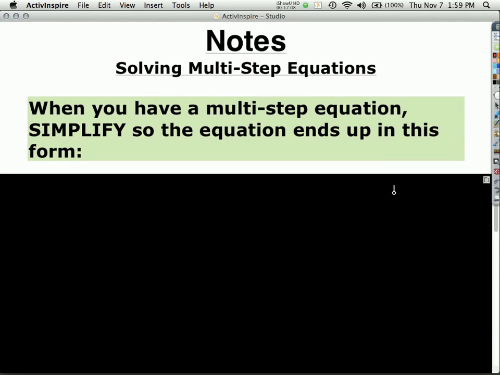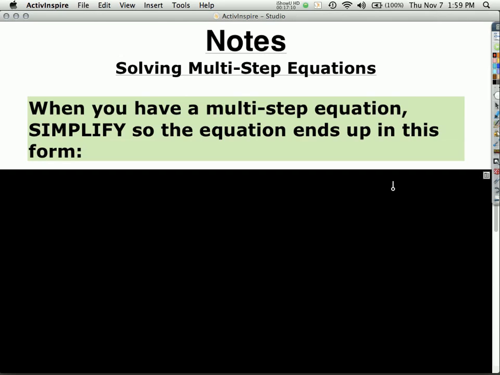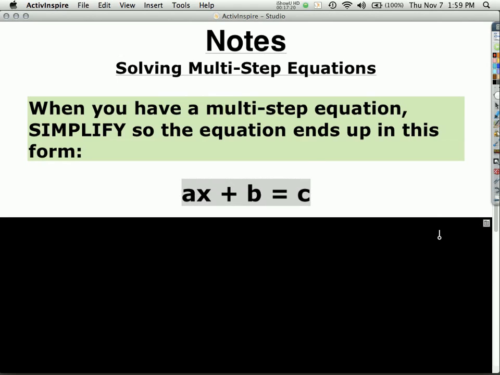So we got some key words that we're going to be using. When you have a multi-step equation, we simplify so that the equation looks just like the ones we've been doing for 2 full days. Ax plus b equals c is a two-step equation.